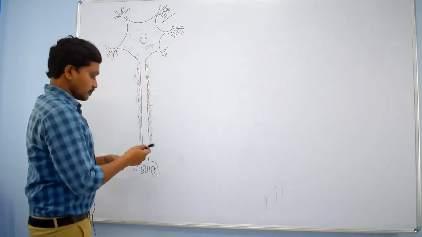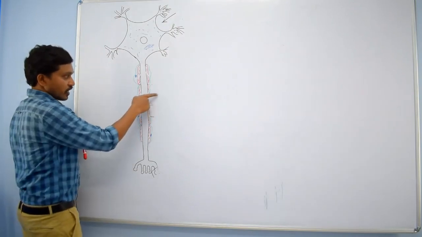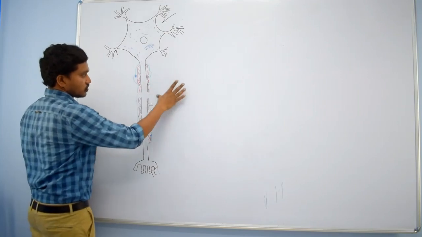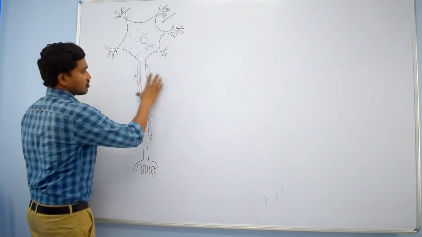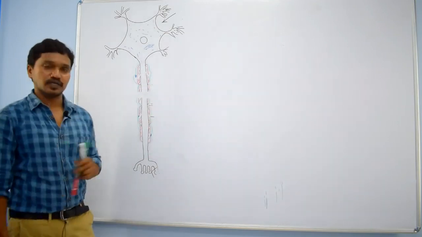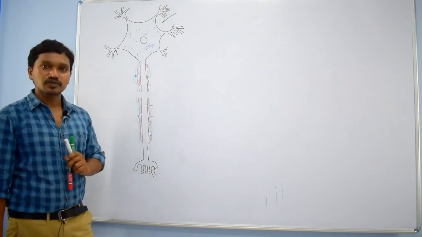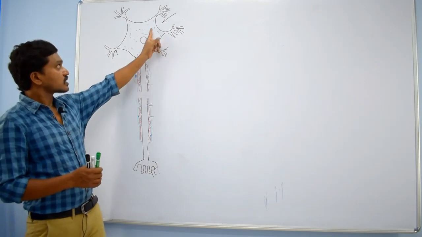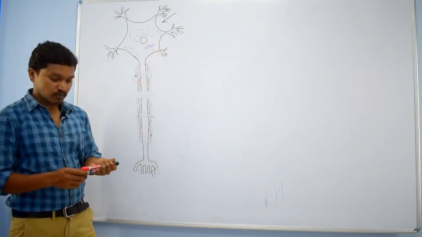First, injury has occurred at this level. Here, this nerve has been injured. When it is injured, within 48 hours, some changes occur in the cell body.